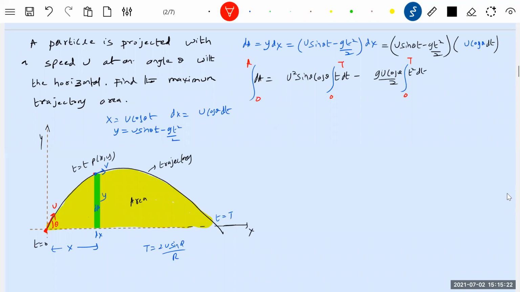Expression for range will be A equal to u square, substituting value of t, u square sine theta cos theta by 2.